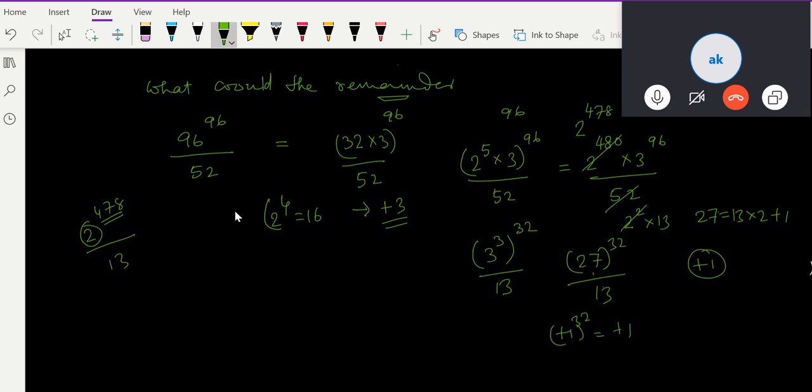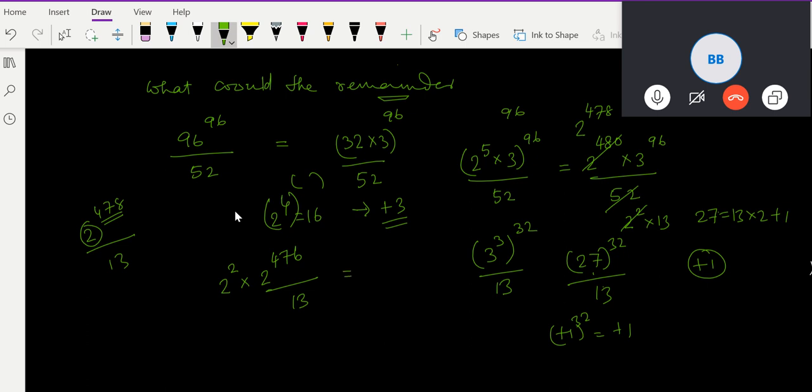So in order to raise it to 2 to the power 4 to the power something, I have to reduce it to a multiple of 4. So I can write this as 2 square into 2 to the power 476 divided by 13. Okay? Clear?